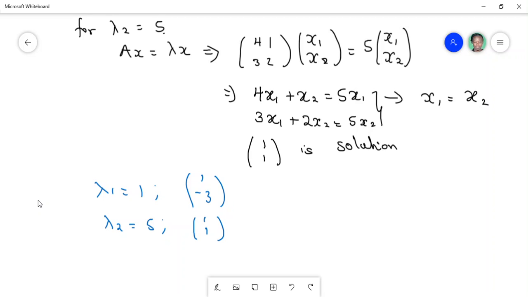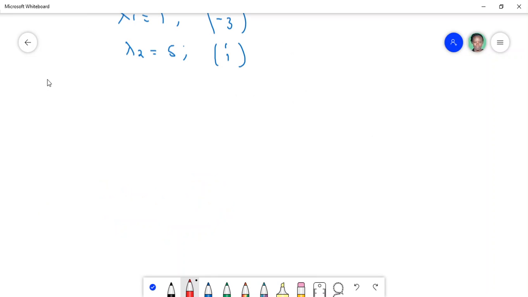This is the matrix I have. We want to, one, find the eigenvalues, then two, find each corresponding eigenvector for the eigenvalues we have.